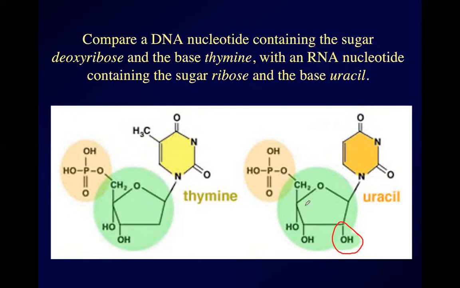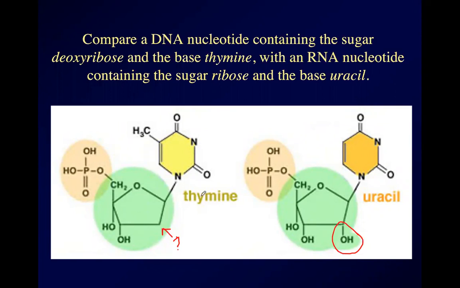And that makes this sugar a sugar called ribose, not the sugar with the missing oxygen right there, which is deoxyribose. So deoxyribose is missing that oxygen atom right there. Ribose does have that oxygen.